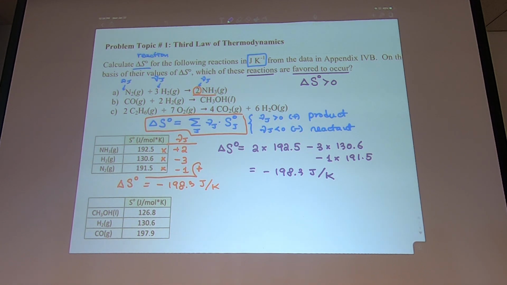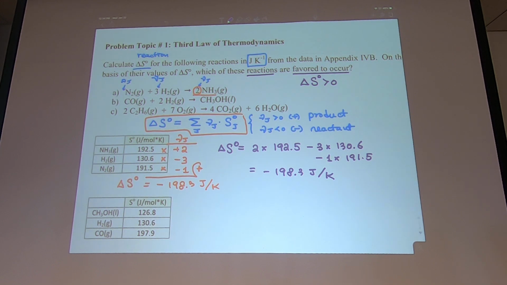Although this is not sufficient, it is just a necessary condition. Okay? And that's why they just say it that way. If somebody asks whether these reactions are spontaneous or not, your answer is, I don't know. That's probably a bold answer, because this information is not sufficient. Entropy alone cannot determine or dictate whether the reaction is spontaneous.